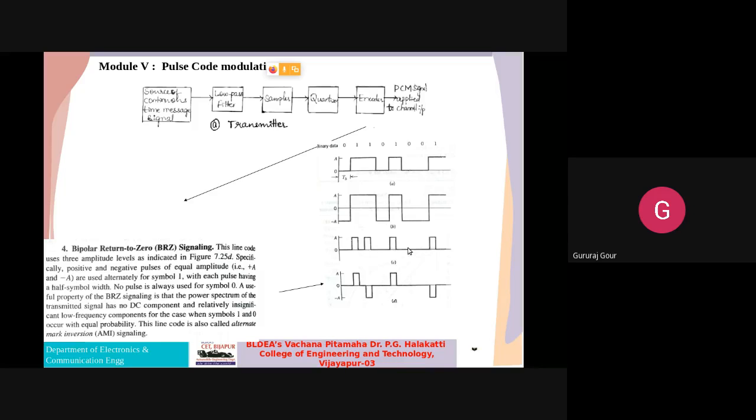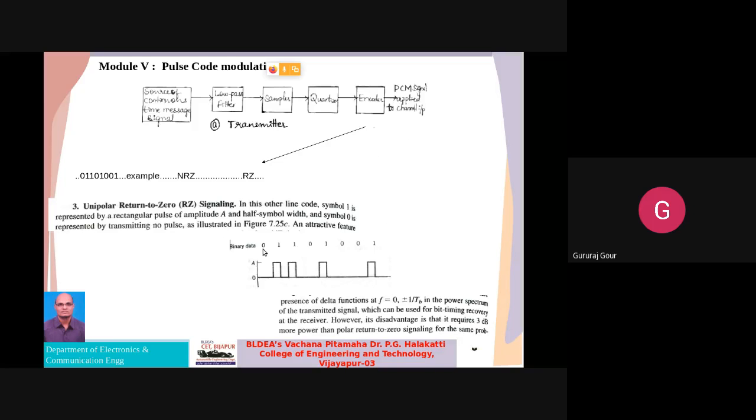You can easily understand here, for example, this one. 0 you can see is represented by no pulse. 1 is represented by one square wave pulse of amplitude A and one half pulse. So these two combination will pair one non-zero plus A pulse and one zero pulse, and will make one digit representation.